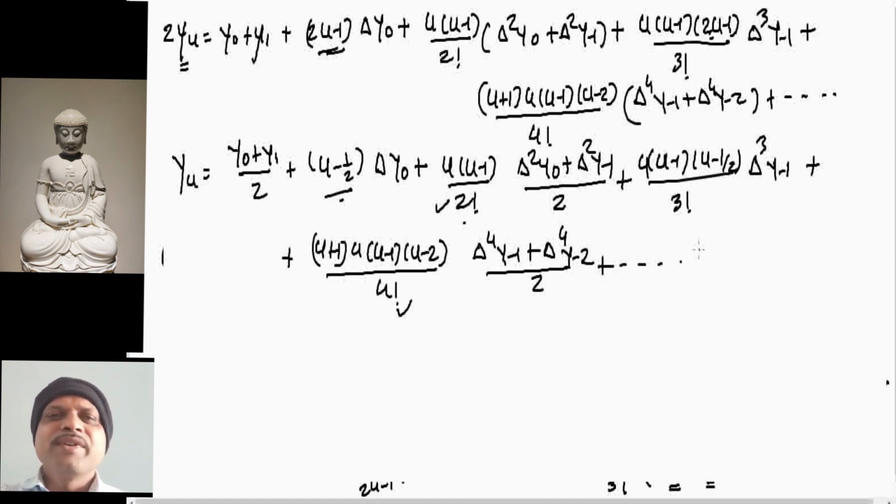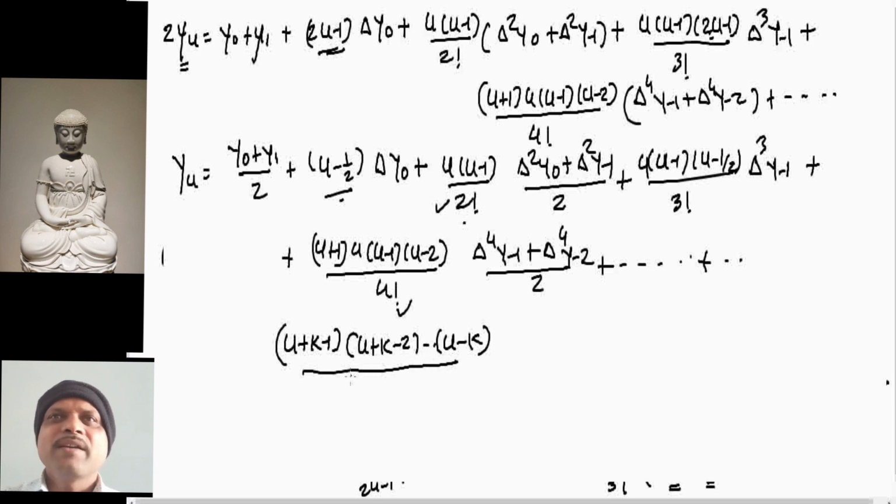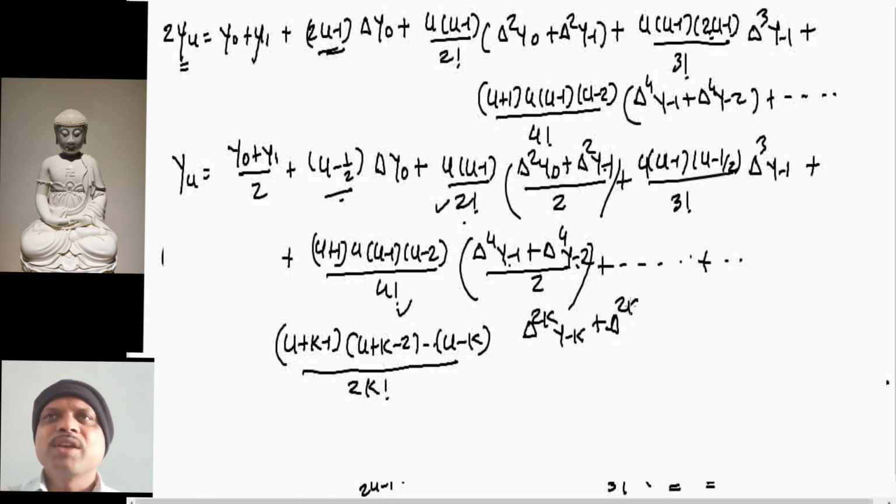Likewise, if we write the general term of this formula, for even terms we have (u plus k minus 1)(u plus k minus 2) up to (u minus k) divided by 2k factorial into (delta raised to 2k y at minus k plus delta raised to 2k y at minus k plus 1) divided by 2, since there is a mean of these two terms, with indices 0 and minus 1 and minus 2.